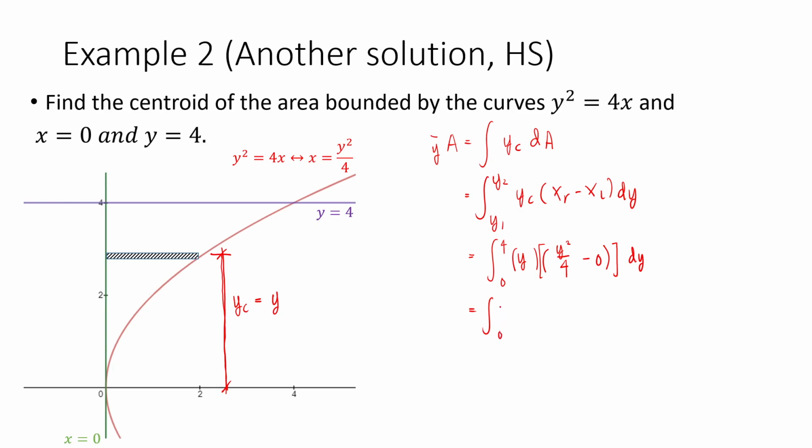Then you're going to have from 0 to 4, y times y squared over 4 dy. Notice that it's a bit simpler compared to the vertical strip. You're just going to integrate y cubed over 4 dy. On the left side it's bar y, then the area is 5.33.